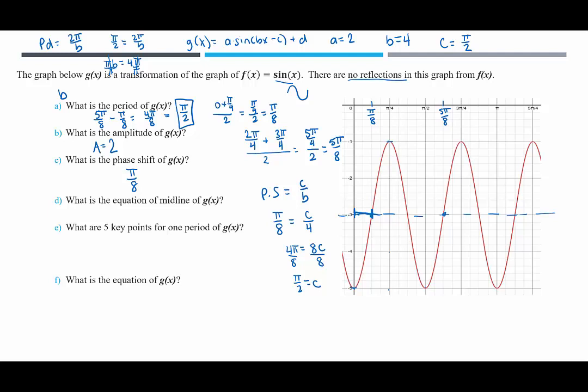Fabulous. Letter D, what is the equation of the midline of g of x? Guess which question is going to help us with this? That's right, question A. The midline is a line that's exactly halfway between the lowest point of the graph and the highest point of our sine graph.